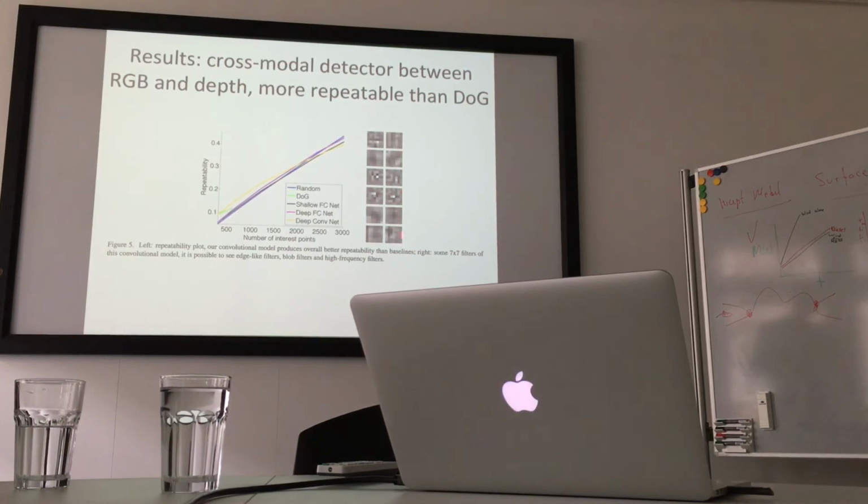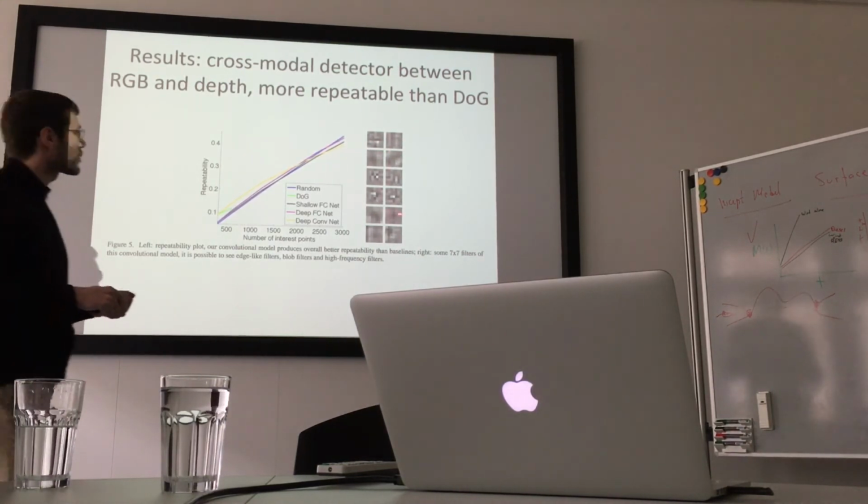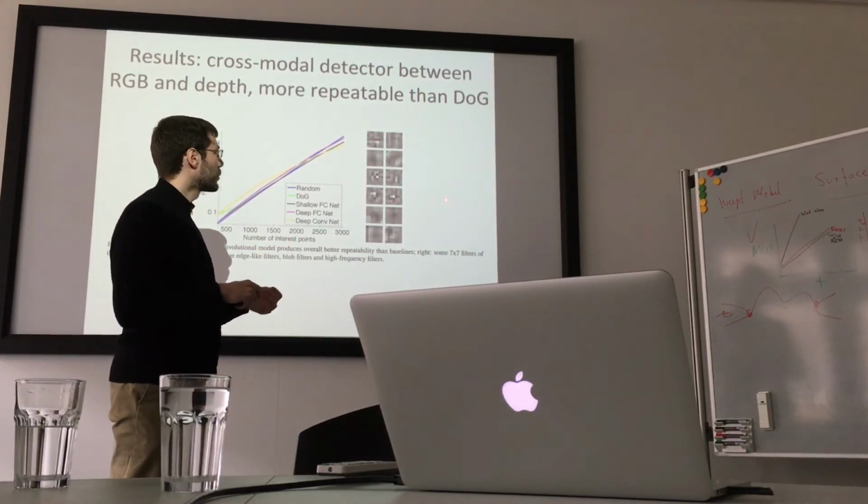Here is a bunch of filters. This was done with a deep neural network. From a deep neural network, you can extract the filters, at least for the very first layer, and see how they look. These were something like 7 by 7 filters. I'm not sure what you can see here because they are low resolution.